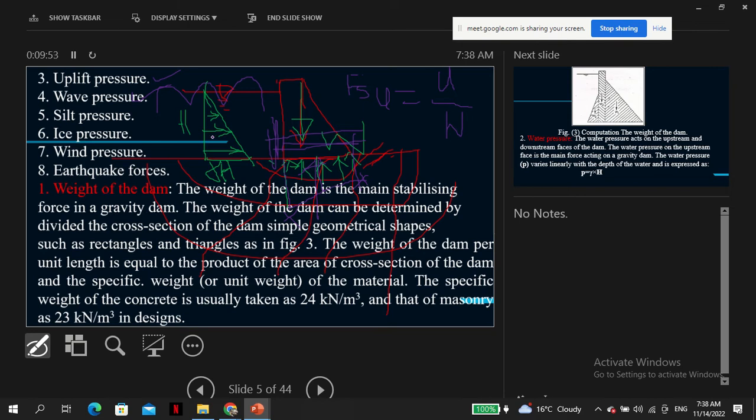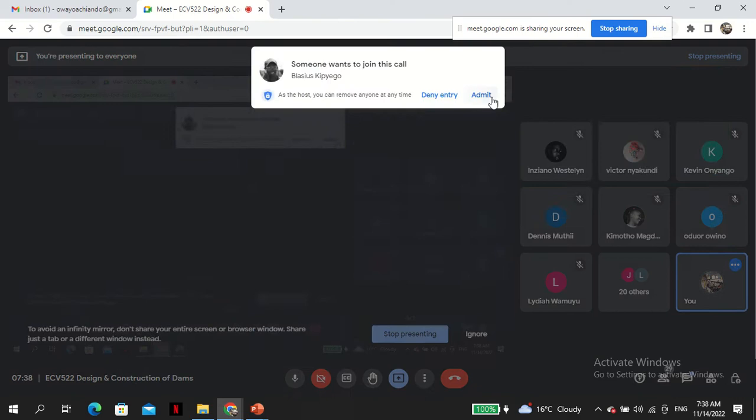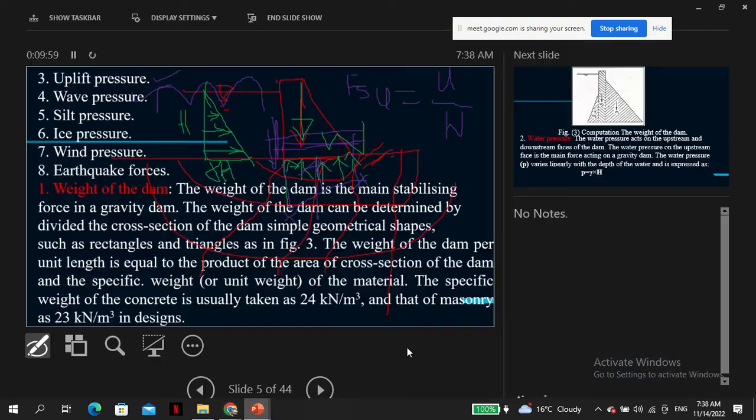The ice, in places where we have cold temperatures, there could be ice. Then of course the wind pressure, the fact that wind will cause waves, that is one thing, but the wind itself will have pressure on the dam.